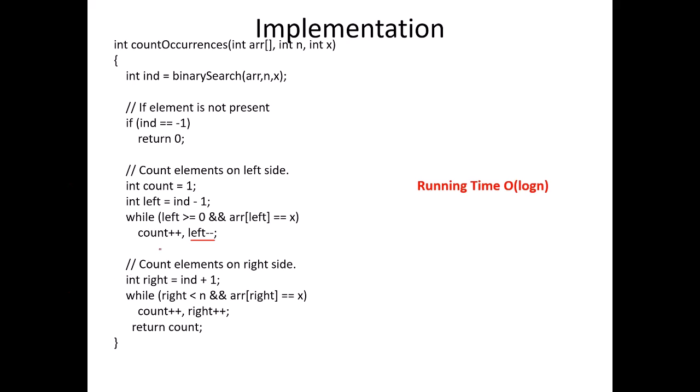After counting the elements on the left side, identify the elements on the right side by setting right equal to index plus 1, because the mid element is available at the index position, so we need to count from the next position. Use a while loop with right less than n, otherwise it exceeds the boundary, and array of right equal to x. If the element is found on the right side, increment the counter and increment the right pointer.